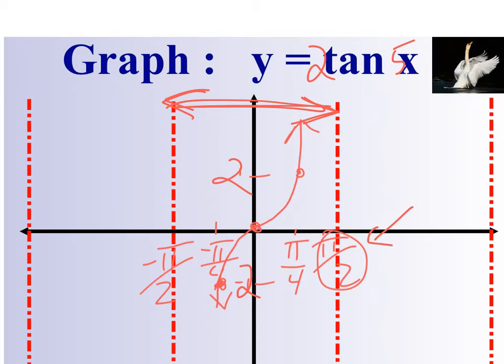So if you want to know this guy's period, it is not 2 pi over b, because it's tangent. So it's pi over b. So its period is pi over 5. So I take and divide everything by 5, or multiply everything by 1/5. So I'm going to put a 1/5 by each of my little markings here.